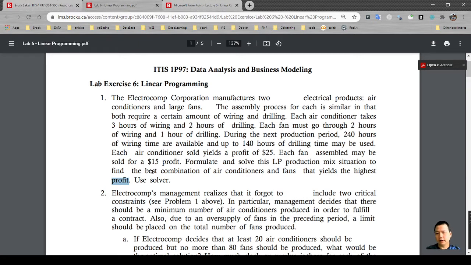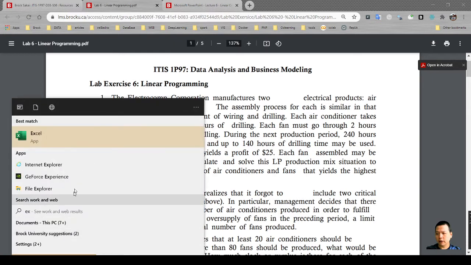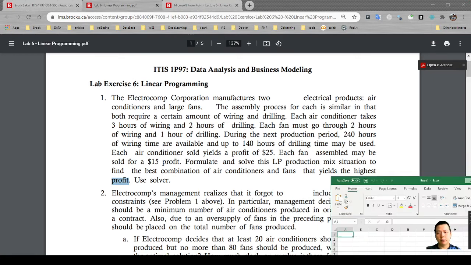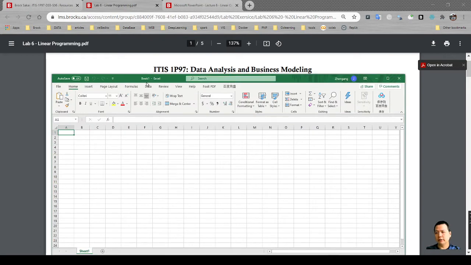Okay. So the first thing that is different from other questions: for this type of question, you need to write out the linear programming model instead of going directly to Excel. You have to be able to write it out.